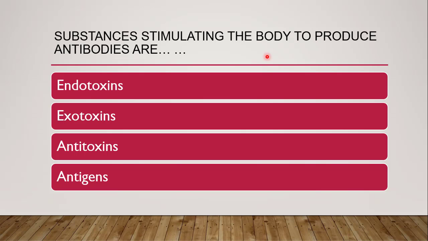Next question is, substances stimulating the body to produce antibodies are, whether they are endotoxins, exotoxins, antitoxins or antigens. The correct answer is antigens. Antigens are basically responsible for producing the antibodies.